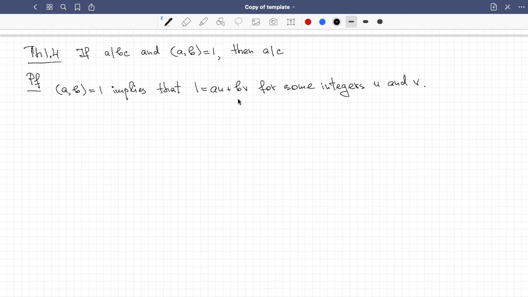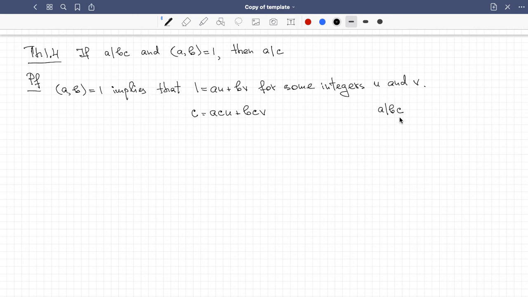As soon as we have this, we multiply it by C. So for some integers, this identity holds. C equals ACU plus BCV. I multiplied everything by C. This is still true. Now we know, it is the assumption in the theorem that A divides BC. A divides BC.